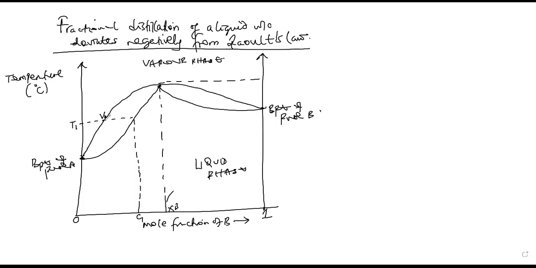Now, condensing this vapor will condense, giving liquid of composition C2, which when boiled will boil at temperature T2 to give vapor V2 at this point of the curve. Then also we can have liquid of composition C3.